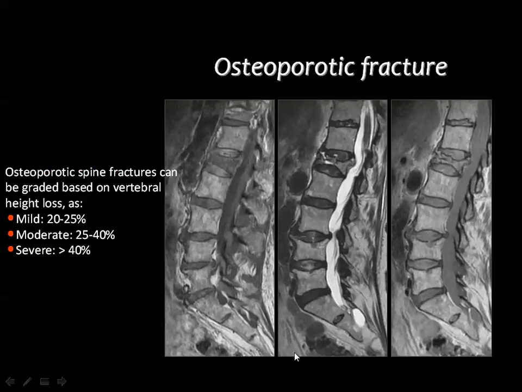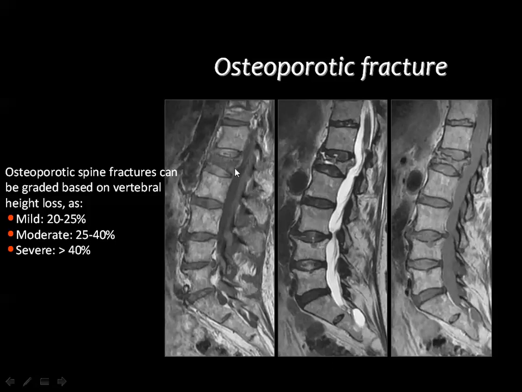And these fractures can also be evaluated or graded by MRI. And you see this is L5, 4, 3, 2, and 1, and this is L1 vertebral collapse, vertebral osteoporotic fracture with anterior wedging.